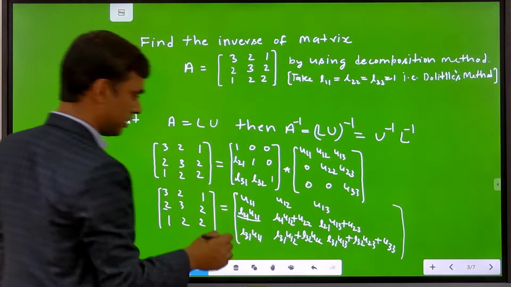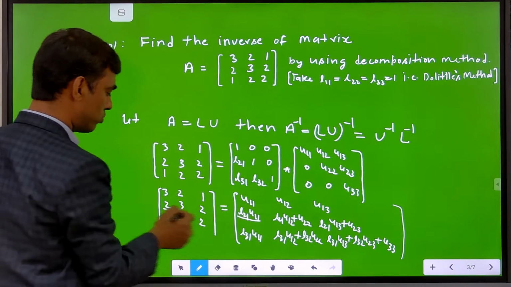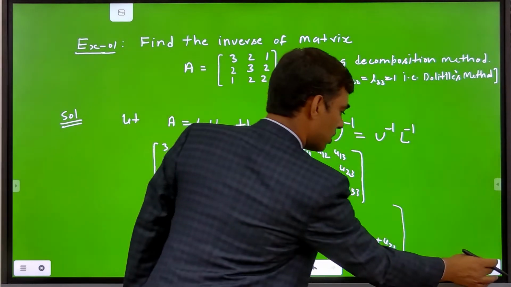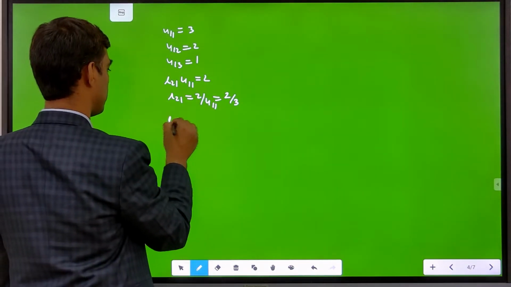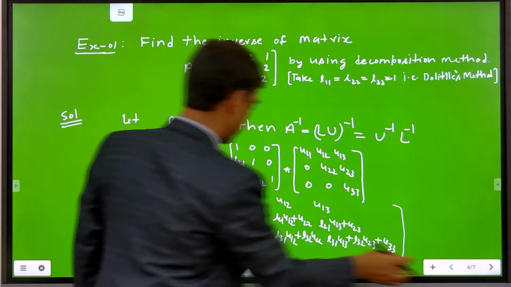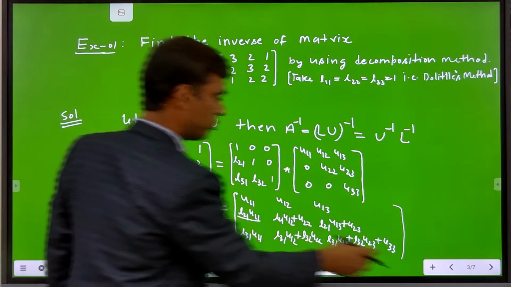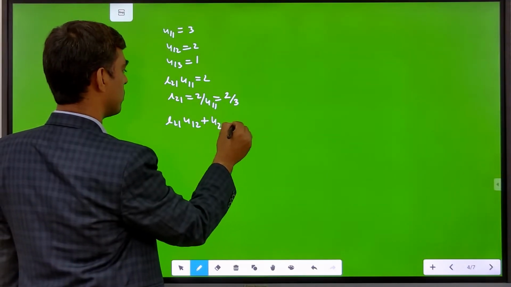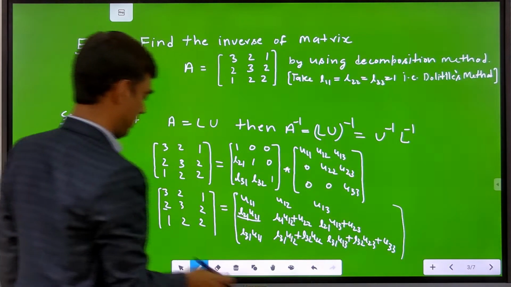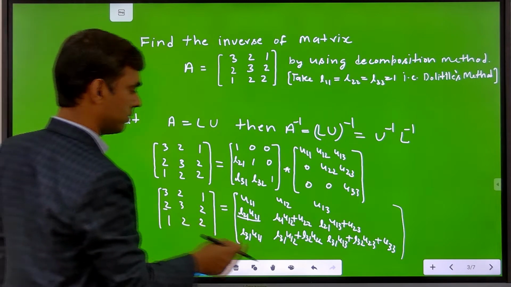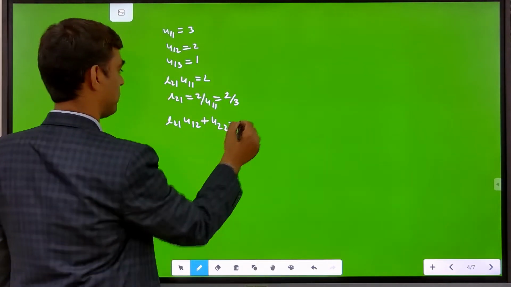Similarly, if we compare L21, U12, U22 by this element, then this becomes 3, L21, U12 plus U22 equals 3.